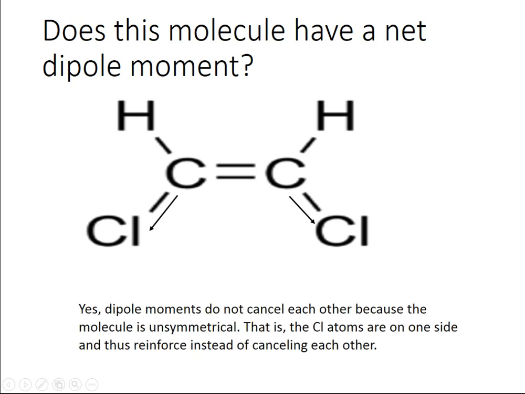So yes, we have a dipole moment in this case because the dipole moments do not cancel each other, because the molecule is unsymmetrical. That is, the chlorine atoms are on one side and thus reinforce instead of canceling each other. So this is our dipole moment for this molecule.